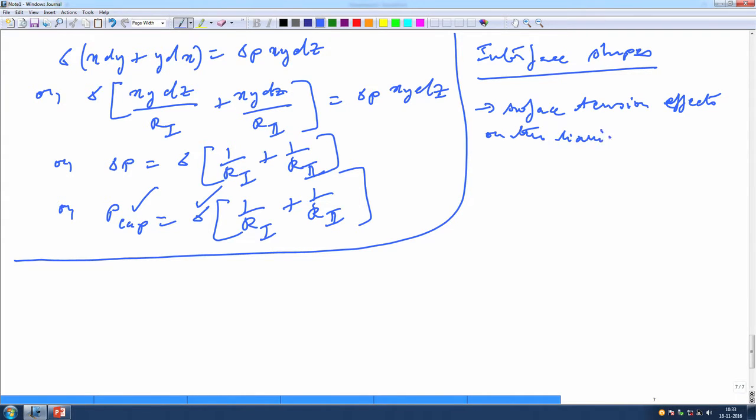We will choose liquid vapor, that is more convenient for us. It can be demonstrated by considering this particular example.